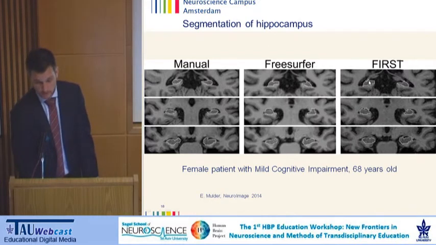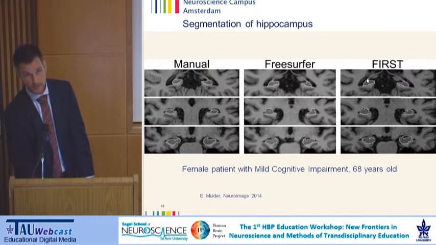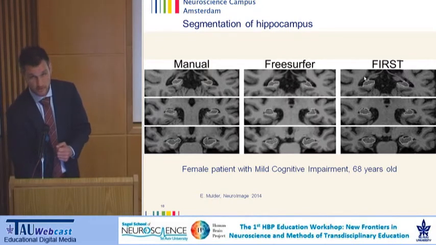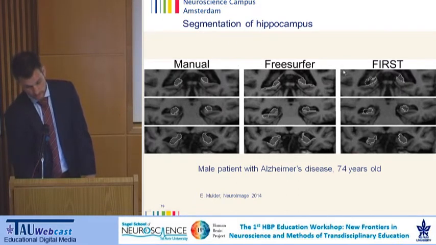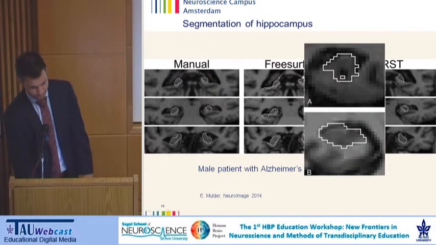But again, when you go to diseased populations, the information on what a diseased brain looks like is usually not captured in the models that underlie these methods. So you run into problems, and we quantified how reproducible the measurement of hippocampal shrinkage over a 1-year period is with different methods, including manual experts and two very common automated methods, FreeSurfer and FIRST.